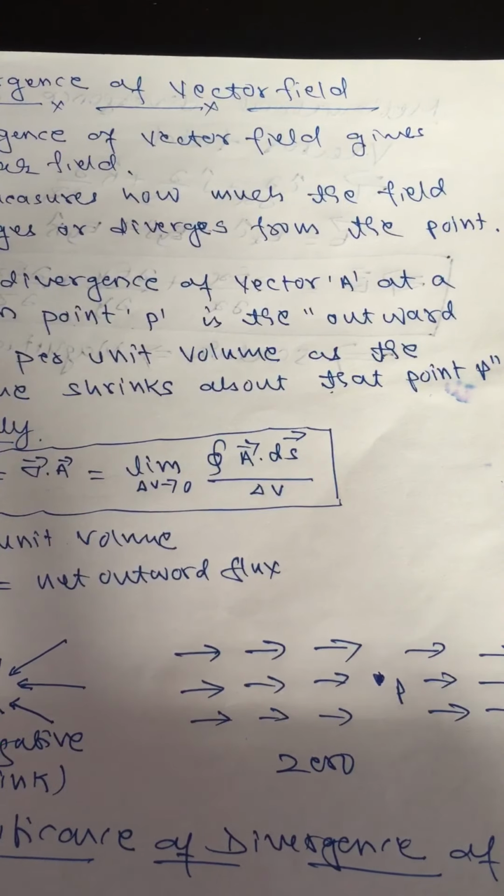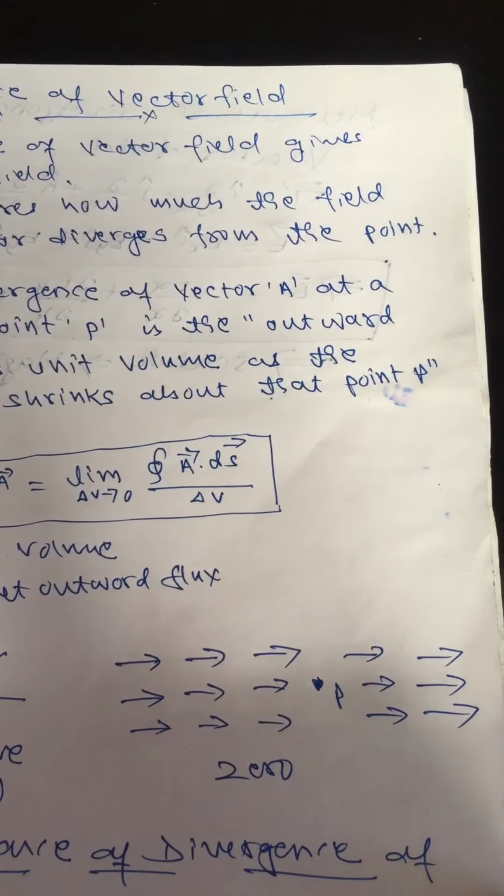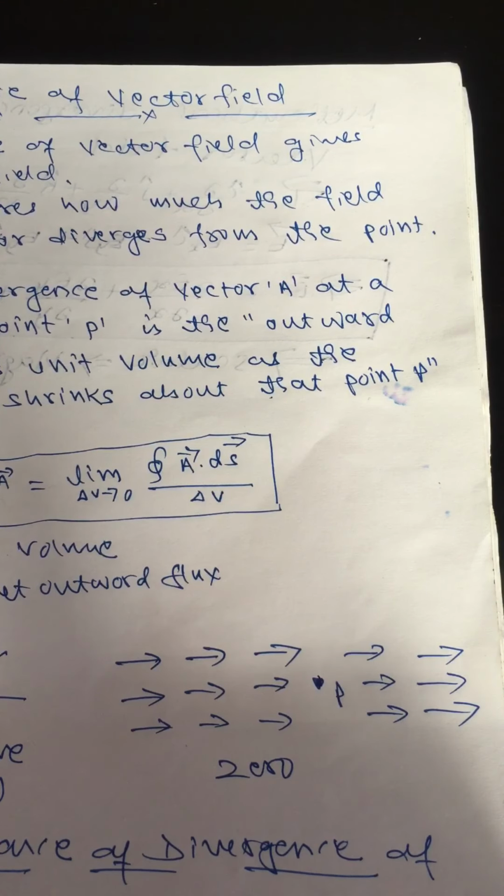Another case is zero divergence. Zero divergence means the point is neither source nor sink. The field enters the point P and the field moves away with the same magnitude and the same direction. Here the point has zero divergence.